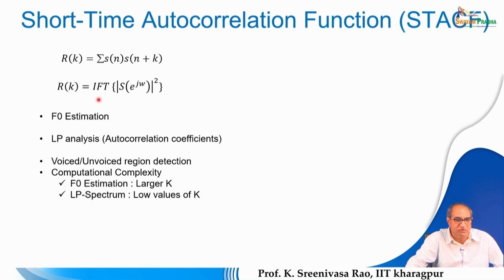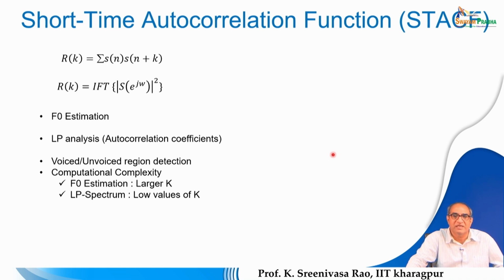As we have seen, using the autocorrelation function we can estimate the f naught. Once we estimate the f naught, using autocorrelation analysis we can detect whether the speech segment is voiced or unvoiced, because if a particular segment is periodic and we compute the autocorrelation function, the autocorrelation function is also observed to be periodic.